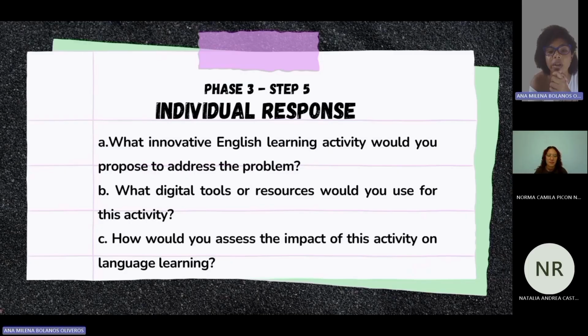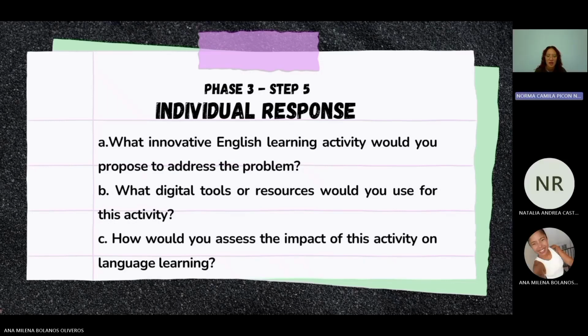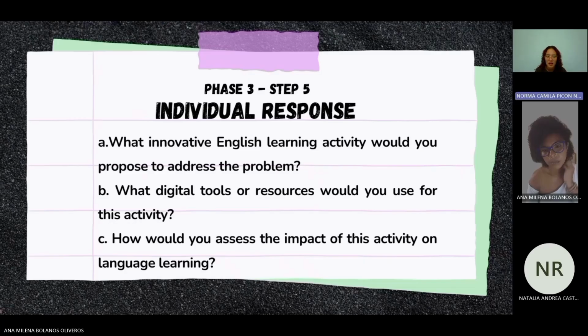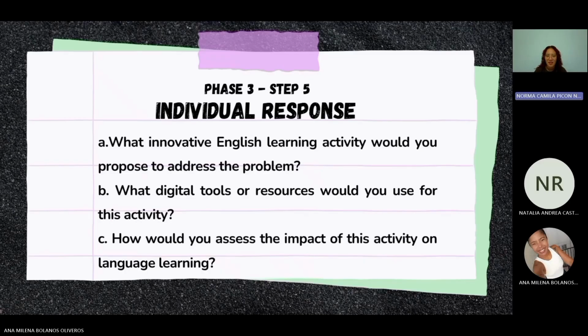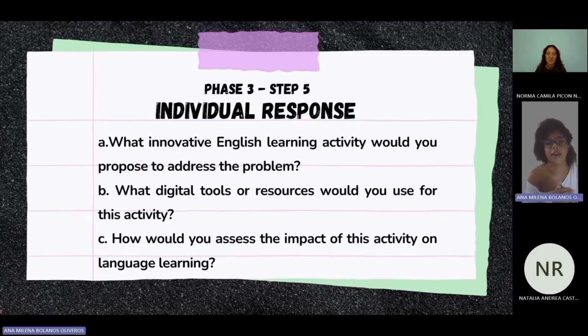Okay, excellent. The next question, what digital tools or resources would you use for this activity? For this activity, I can use tools like Canva to create interactive games and vocabulary to practice pronunciation. I also propose a class team to share our ideas and questions.